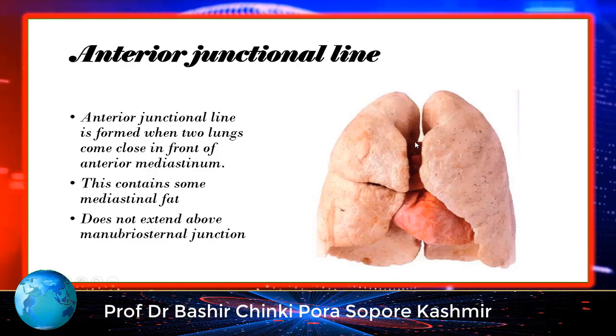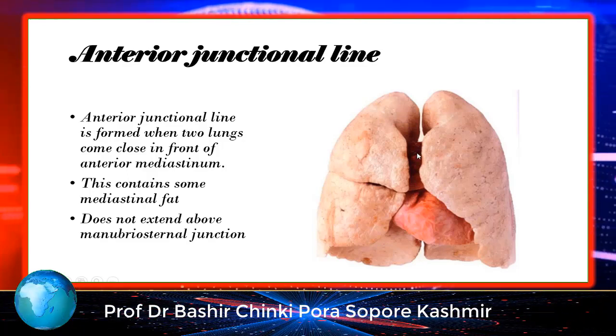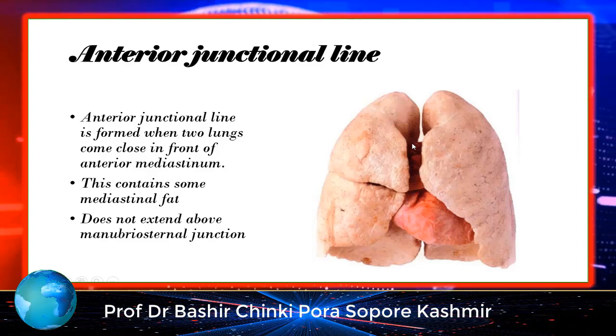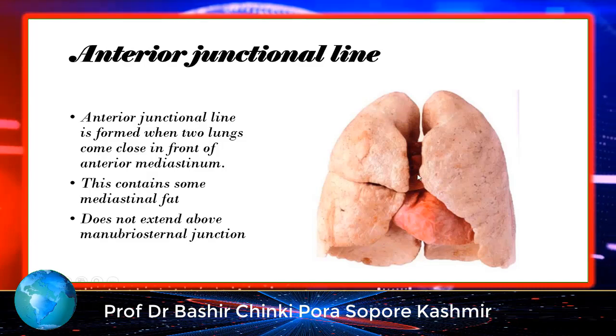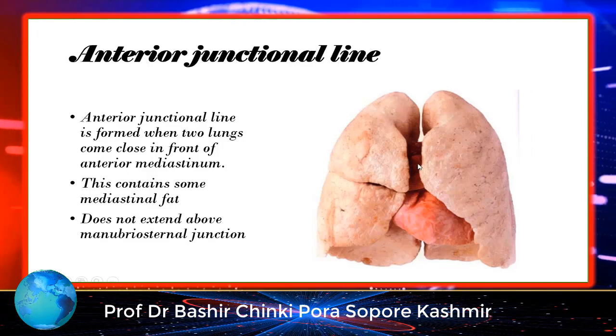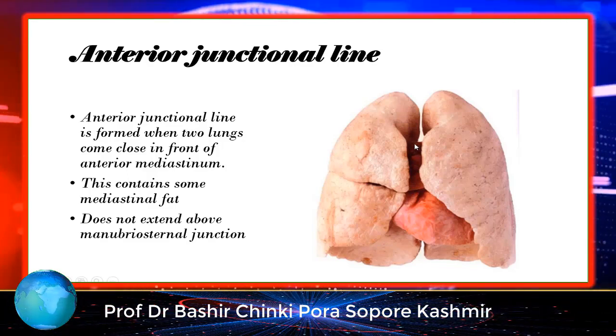And this intervening area is called the anterior junctional line. It contains some mediastinal fat, and it does not extend above the manubriosternal junction.